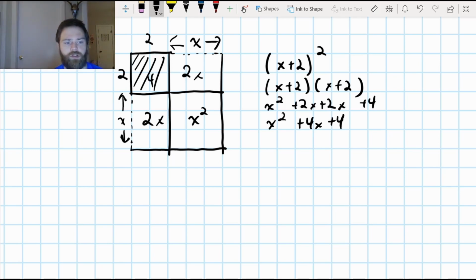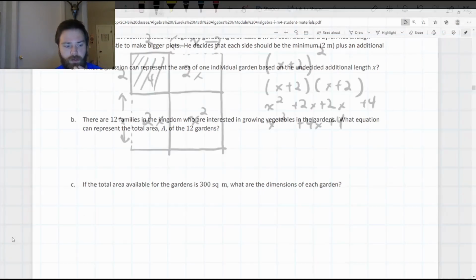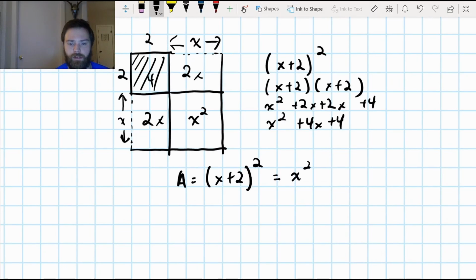So it says there are 12 families in the kingdom. So let's go back over there. There are 12 families in the kingdom who are interested in growing vegetables in the gardens. What equation can represent the total area of the 12 gardens? Well, if the area of one garden is X plus 2 squared, which is equal to X squared plus 4X plus 4, how much would 12 times that area be?